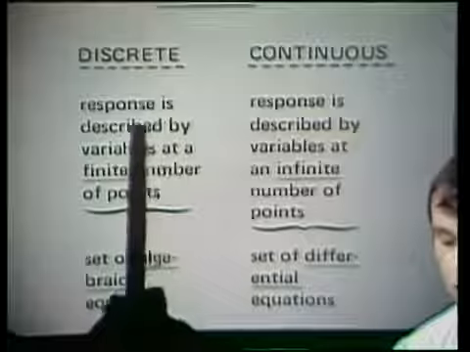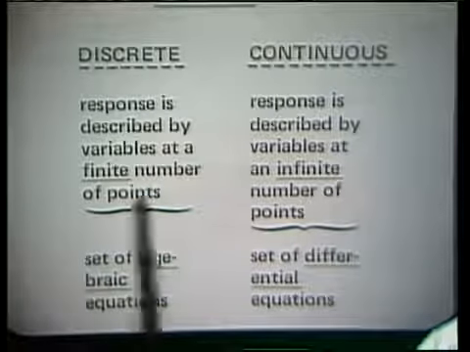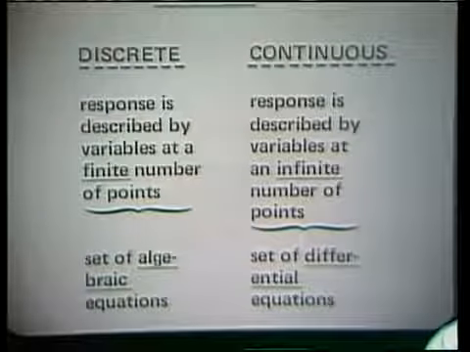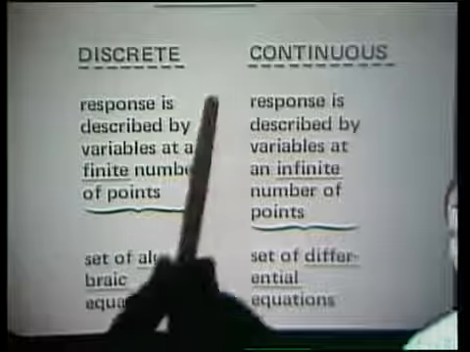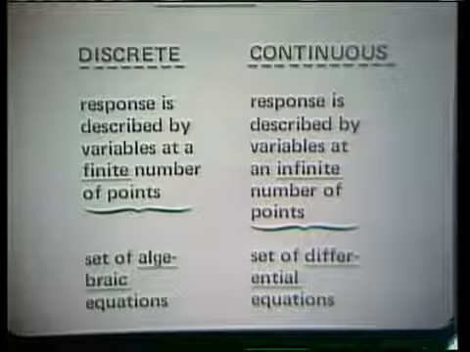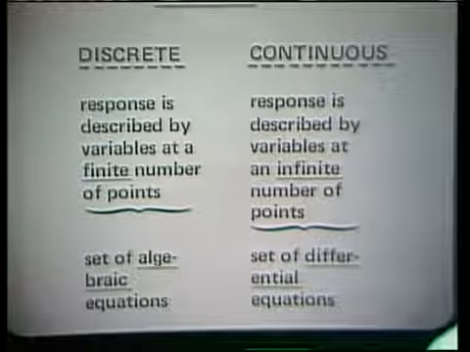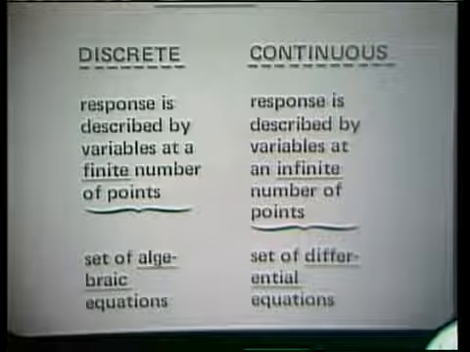In that case, the response is described by variables at a finite number of points, and this means that we have to set up a set of algebraic equations to solve that system. So here I'm talking about elementary systems of springs, dashpots, discrete beam elements, and so on.